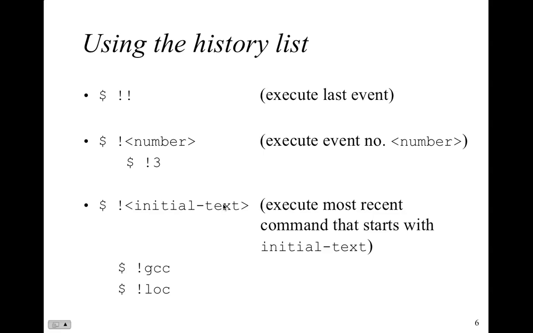Or you can pick one and say bang 3, and execute event number 3 in the history file. Or you can execute the most recent command that starts with some text, which is kind of like a wildcard. Bang emulator or something would run my emulator command. So bang gcc is going to run the last gcc command that you ran. So it's kind of a shortcut way of running commands without having to remember them.